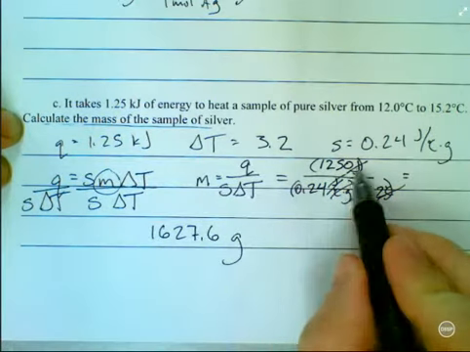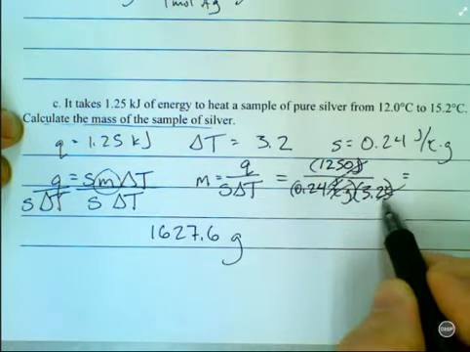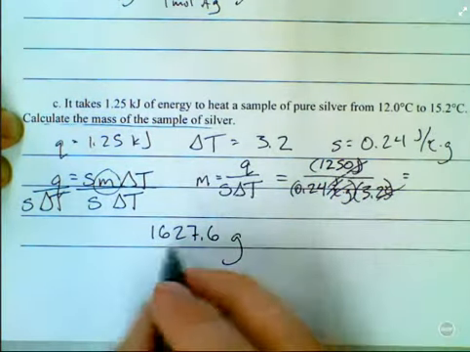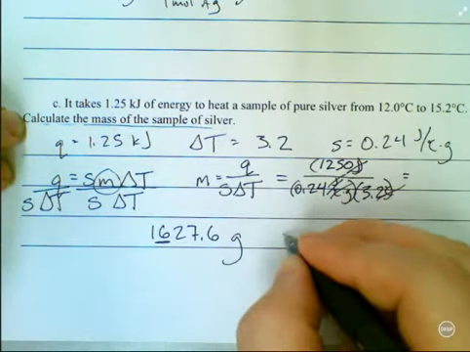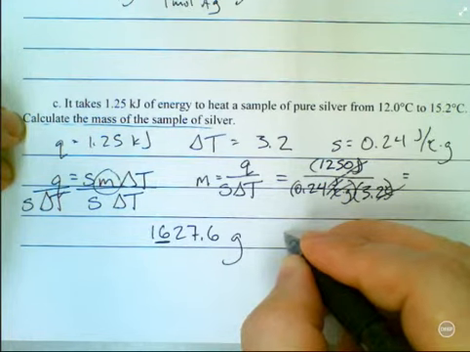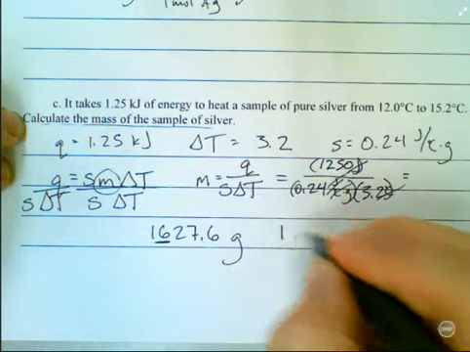And I have 4 significant figures, 2 significant figures, 2 significant figures. Alright, so I'm going to use 2 significant figures. That means I have to round all the way out to this 6. I'll just put this in scientific notation, make it a little more simple.